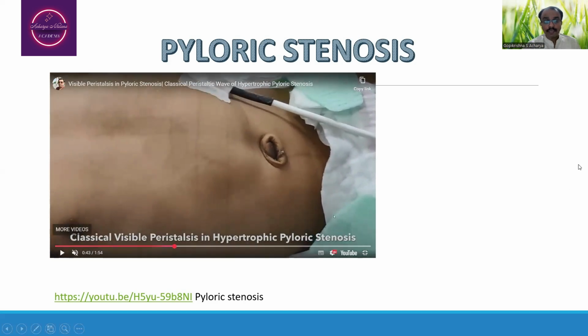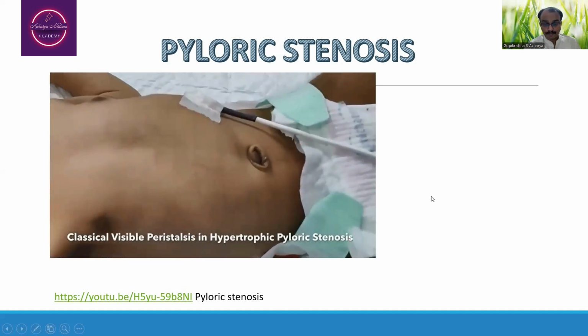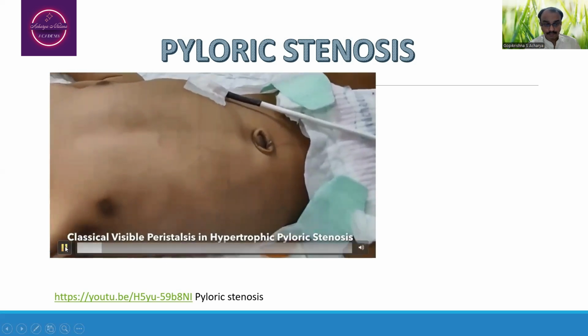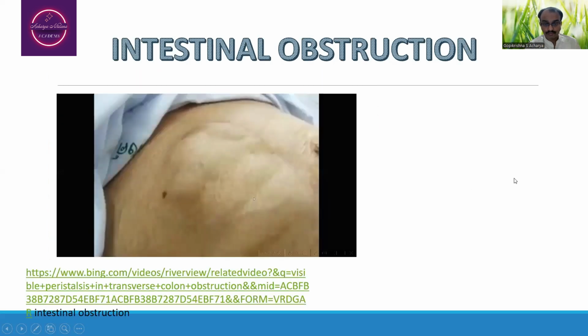Then, next, this is the one where we are going to see the ladder pattern, that too in an irregular form.